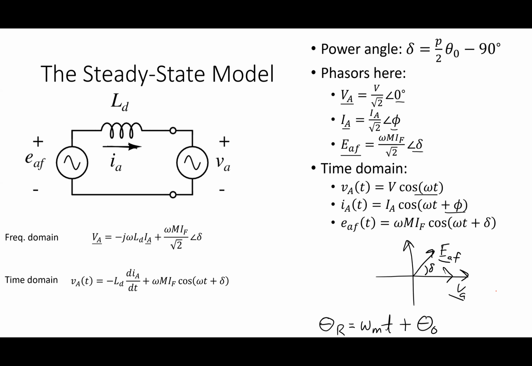The grid voltage is fixed. And if I need to push more power into the grid, I_A changes to make sure that I push more power into the grid. Right? If I want to push more power, P, into the grid, what do I have to do? Change the torque, which means I need to increase the loading on the turbine.